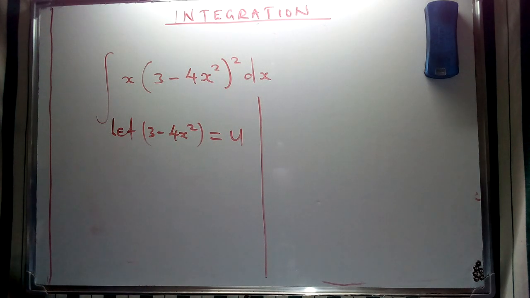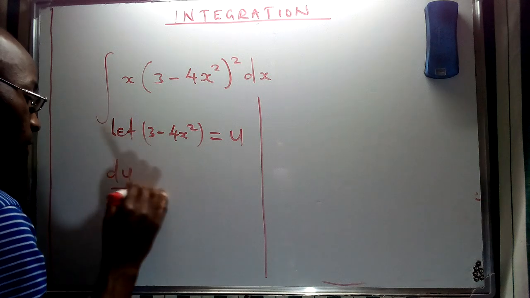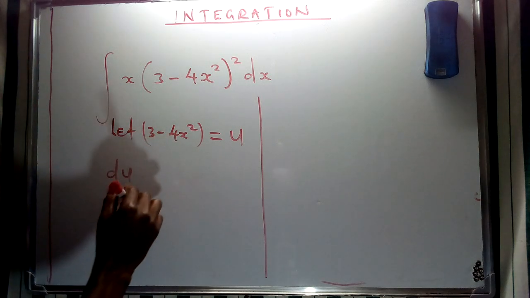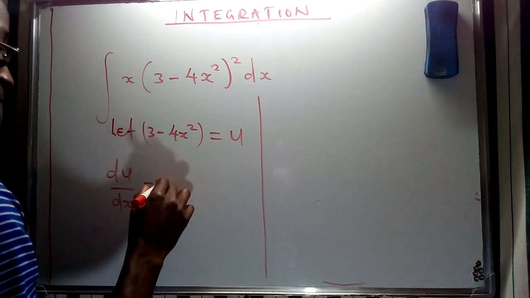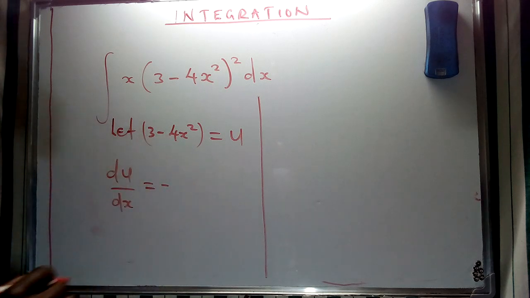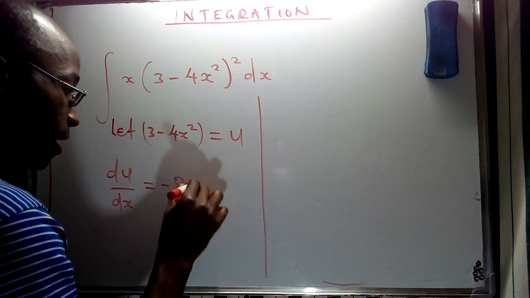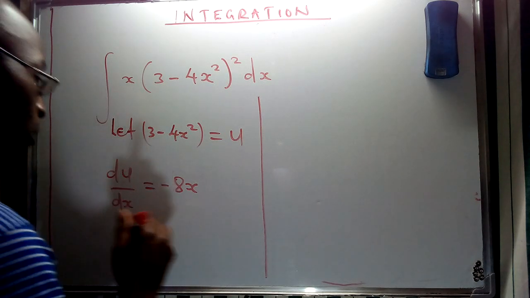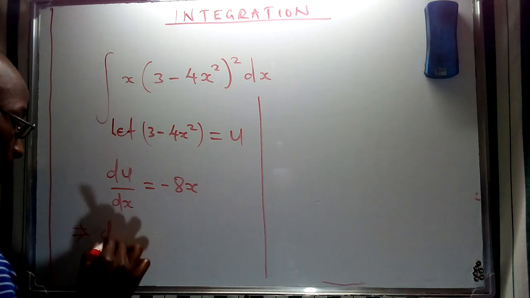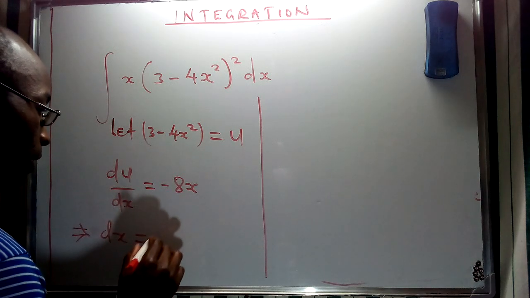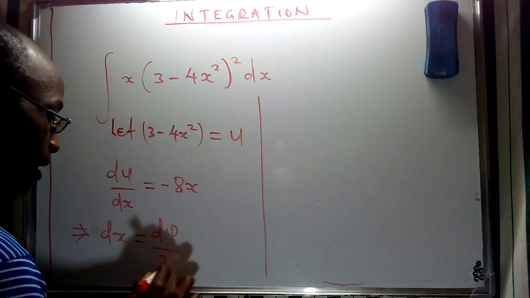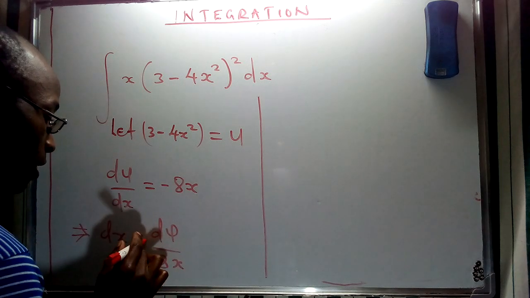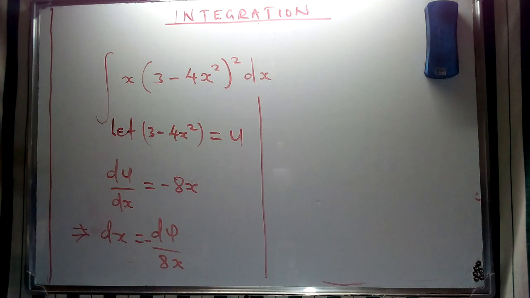From this, du over dx, which is basically the derivative of this, is going to be negative 8x. From this we can find the value of dx. This implies that dx is equivalent to du over negative 8x.